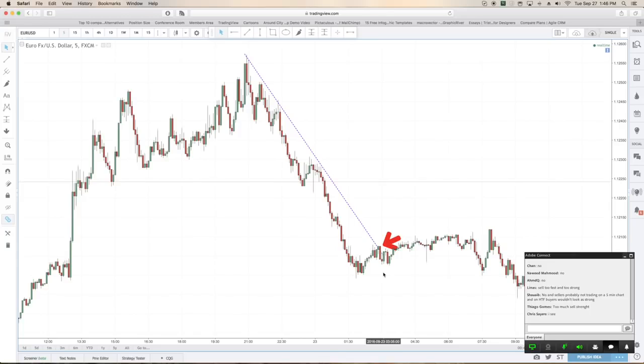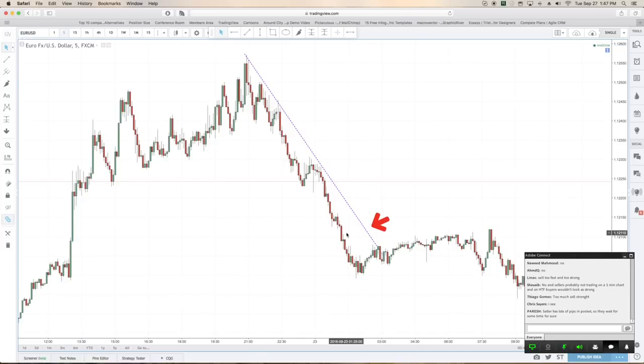So if we say sellers are probably not trading on the 5-minute chart, and higher time frame buyers won't look as strong, whatever time frame you look at this, the story still remains the same. This is all the receipts of everyone who's sold into this transaction. This is a receipt. It's historical proof of what has happened. Right? Each transaction is a receipt. Each candle is a receipt. Okay?